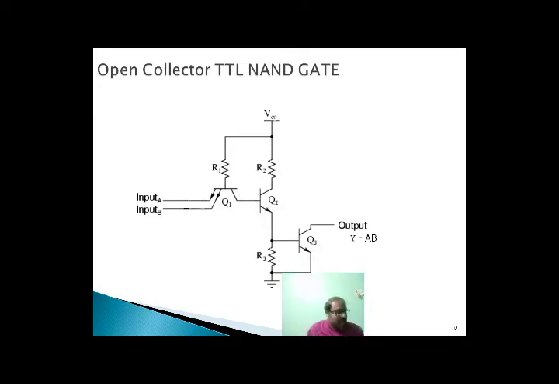Once again repeating, in the previous one and this one, here one resistor and one transistor is increased. Rest of all the values are same.